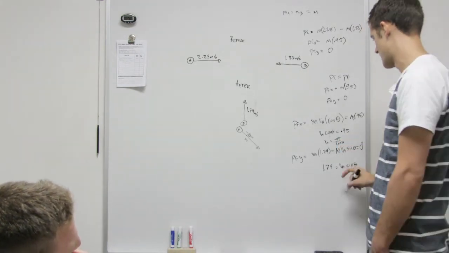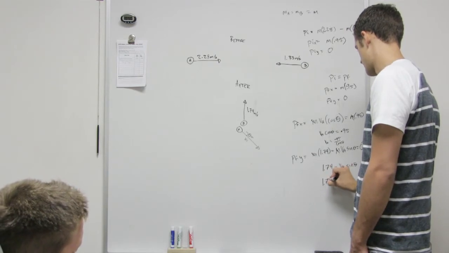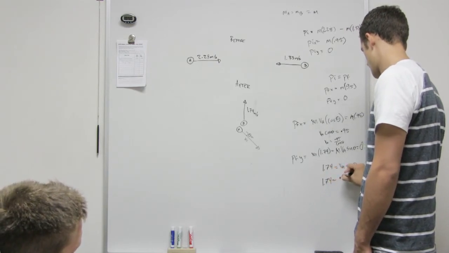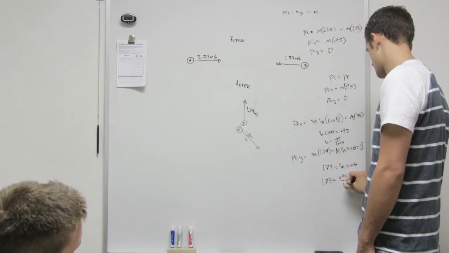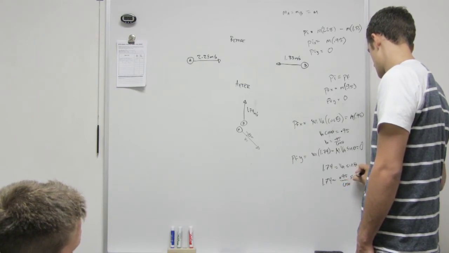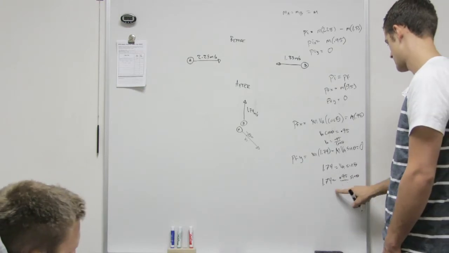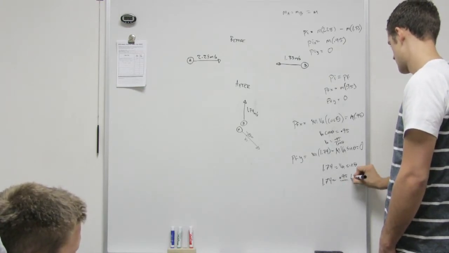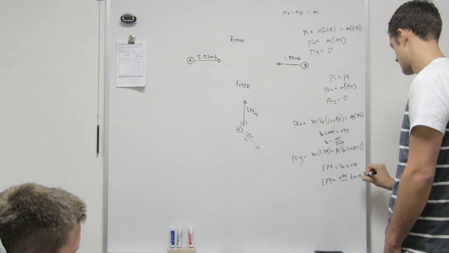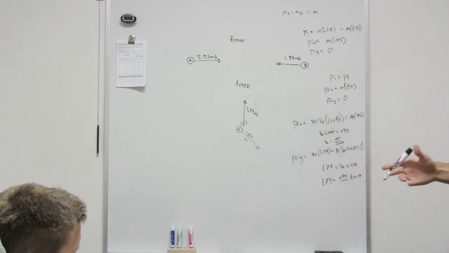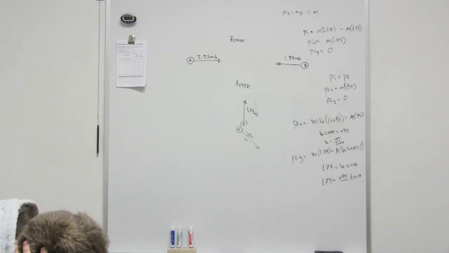And you plug that in over here, so you have 1.74 equals 0.95 over the cosine of theta, times sine theta. This is the tangent, sine over cosine. So if you divide that out, then you can use the inverse tangent to find the angle.